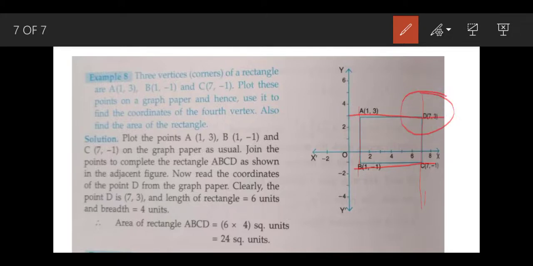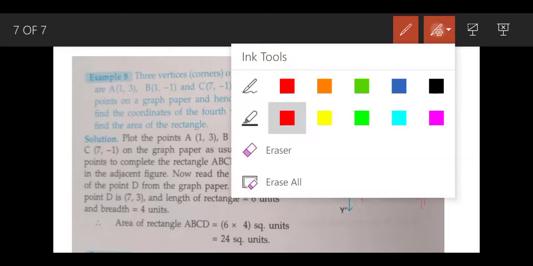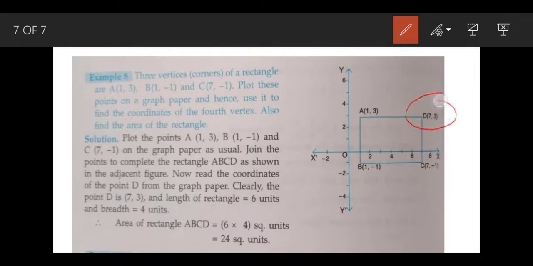Marking these lines, we get the coordinate of D where these two lines intersect, or we can say it is a rectangle, so we will make lines parallel to AB and parallel to BC. This line is parallel to BC and this line is parallel to AB. Where these two intersect, we will get point D. We will join AD and DC.